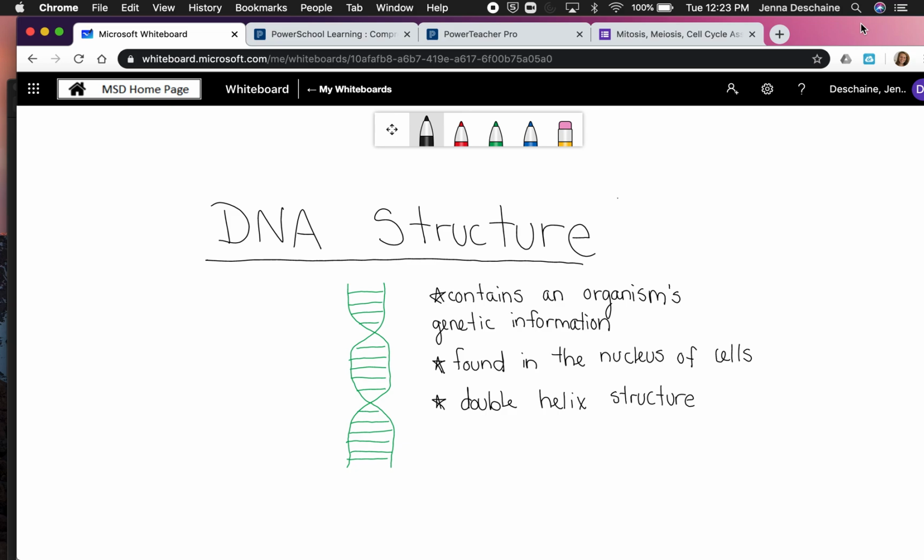So today we're talking about DNA, all right? DNA stands for deoxyribonucleic acid, you don't have to write this down. DNA is a nucleic acid, which is one of the 4 types of macromolecules that we talked about.